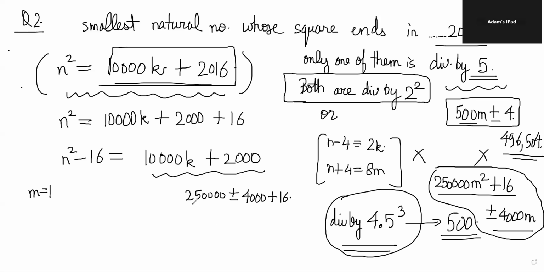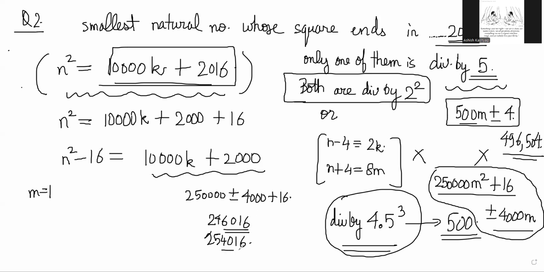So notice that it will be 246,016 or 254,016, but none of them ends in the 2016 that we want. So this doesn't work.